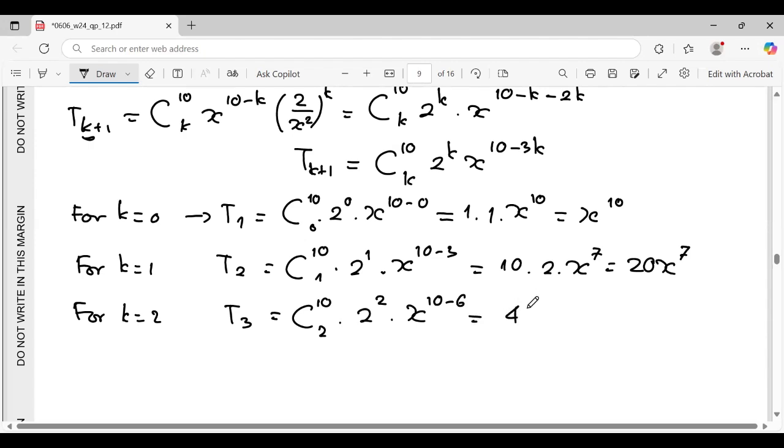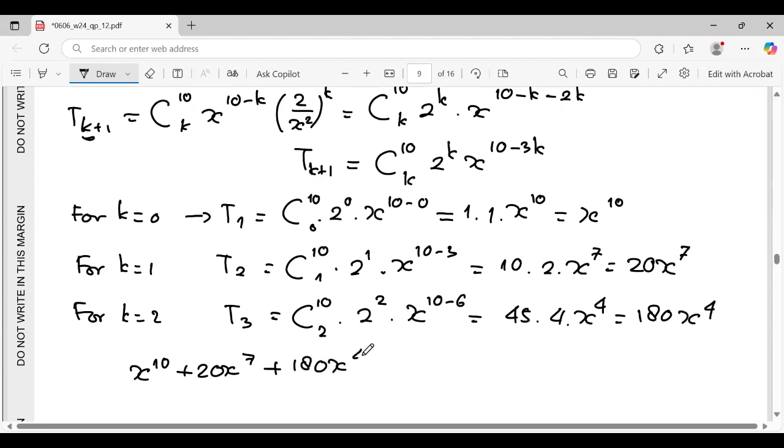So it is 45 times 4 times x to the power 4, which becomes 180x to the power 4. So the first three terms in descending powers of x are x to the power 10 plus 20x to the power 7 plus 180x to the power 4.